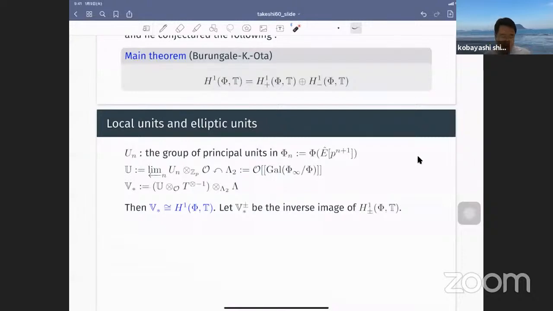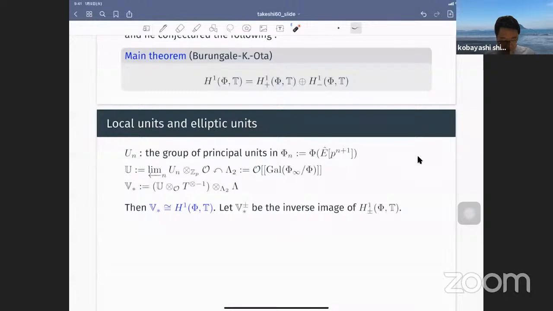A standard argument shows that H¹(φ, big T) is isomorphic to this local unit Iwasawa module. And so we define V*^± as the inverse image of H¹^± by this map.